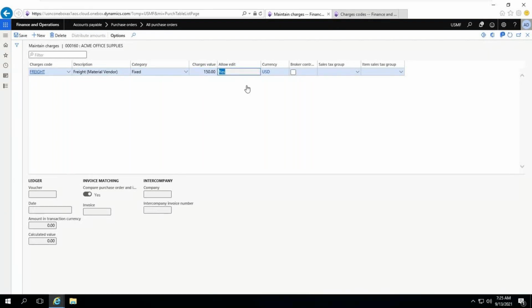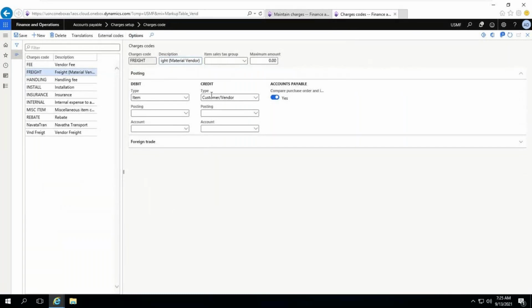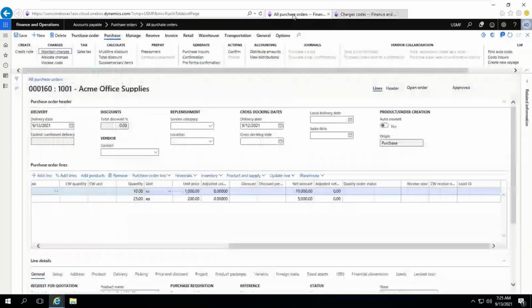Once it is entered, now I want to allocate this based on the lines. Without allocation, the system will not allow you to post the transaction. We need to allocate because we have mapped charge codes with item and vendor. If you try to do a confirmation without allocation, you will get an error message. You need to allocate the charges.